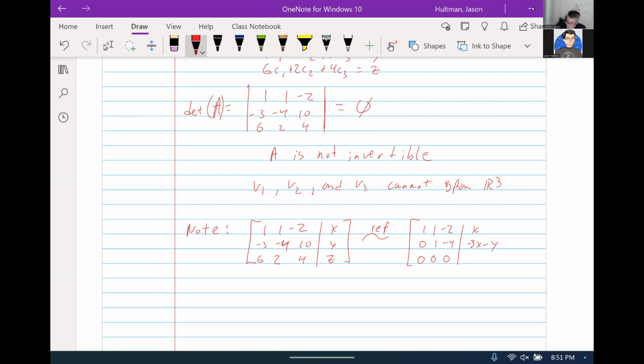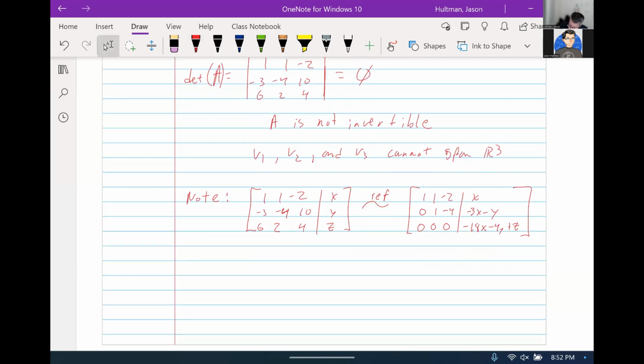And that's why the determinant goes to 0. Because when we REF this thing, it's going to be a row of zeros, and I get negative 18x minus 4y plus z. Okay, and so this is only consistent because it only has answers if there's a solution to negative 18x minus 4y plus z equals 0.